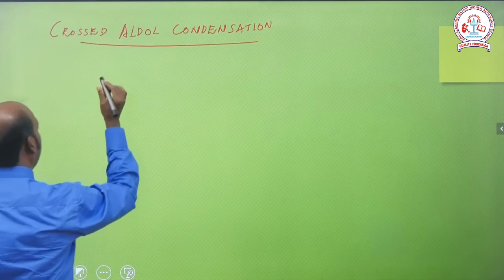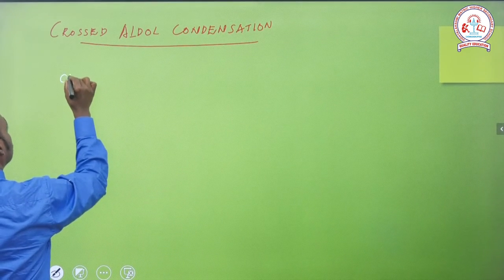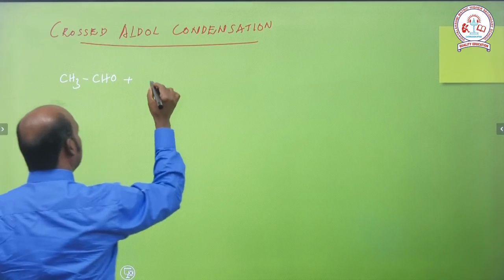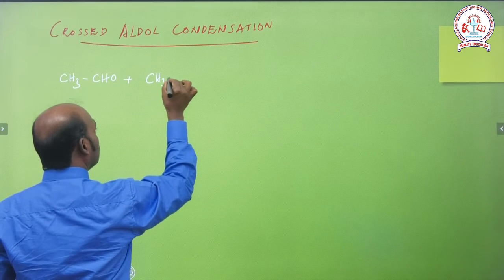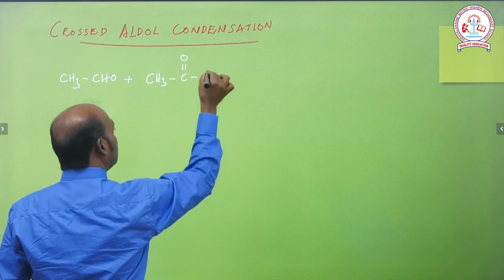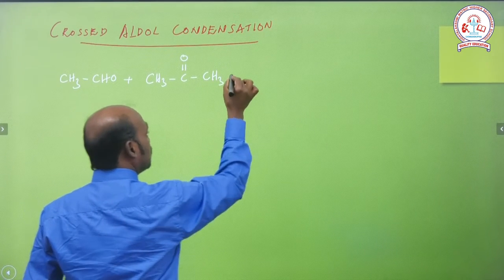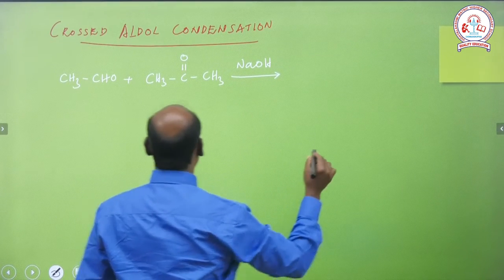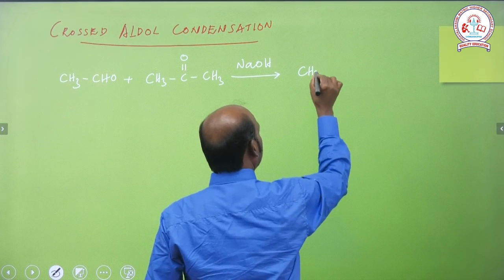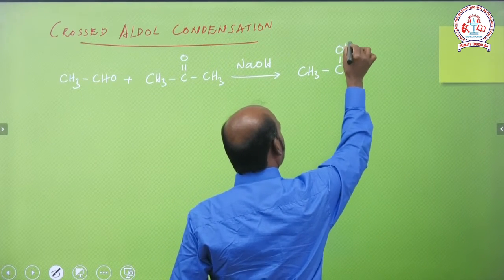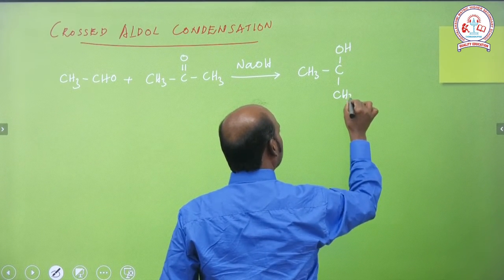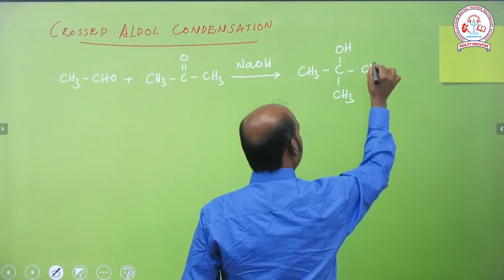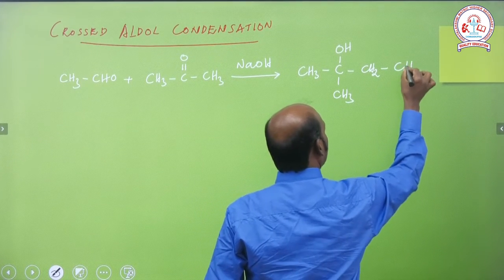So, let us take acetaldehyde CH3 CHO condensed with acetone CH3 C double bond O CH3 in the presence of sodium hydroxide or potassium hydroxide, which forms CH3 COH CH3, then CH2 CHO.